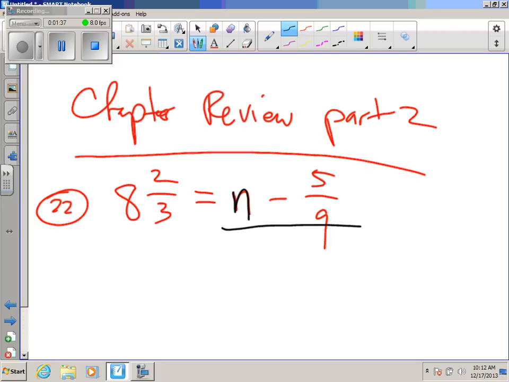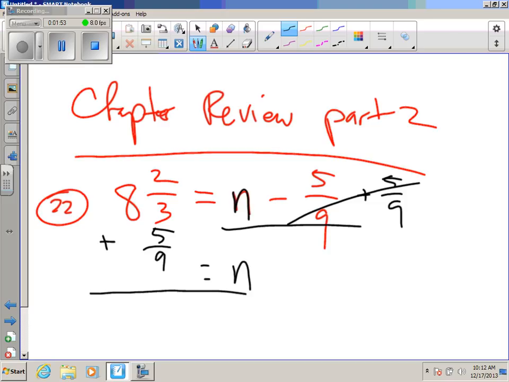Add 5/9. If I add 5/9 here, negative 5/9 plus 5/9 gives me 0. Leaves me with just n. Let's add 5/9 over here, and when I add, I'll need a common denominator, and let's use 9. 3 times 3 is 9, 3 times 2 is 6.